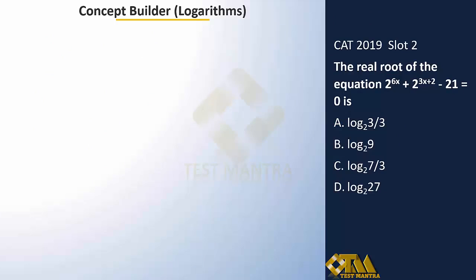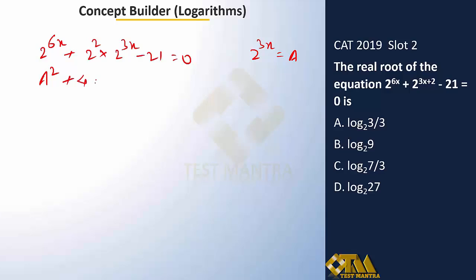The real root of the equation, here it's 2 raised to 6x plus 4 times, I can write this value as 2 square into 2 raised to 3x, minus 21 is equal to 0. So let's keep 2 raised to 3x as a for the time being. So it's a square plus 4a minus 21 is equal to 0.